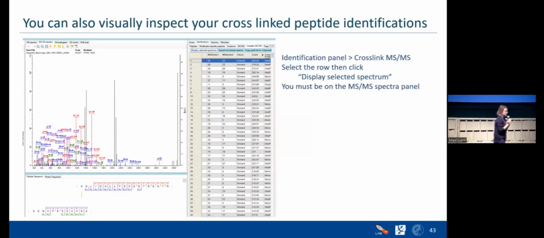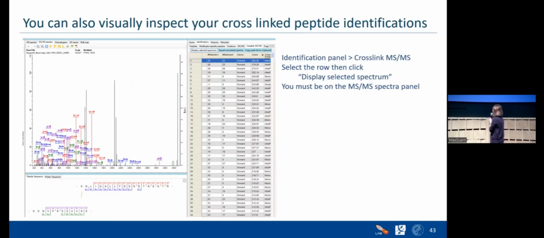We analyze the sample, we have our identification, and we do the visualization of the MS2 label. And this is a new feature for the visualization of crosslinking. So you will go to the identification tab here, and then there will be the crosslinks MSMS, and you can sort based on score or PEP.